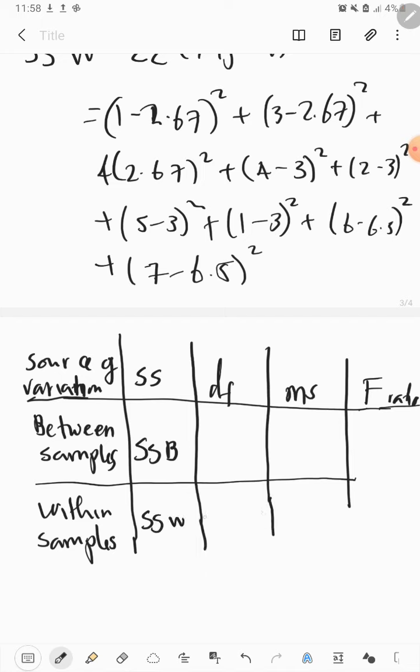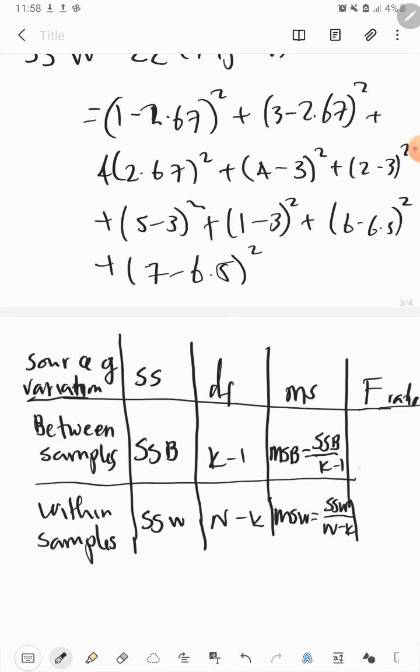The degrees of freedom for the sum of squares between is k minus 1, and for within it is n minus k. The mean squares between is just given by the sum of squares between over k minus 1, and the mean squares within is given by the sum of squares within divided by n minus k.